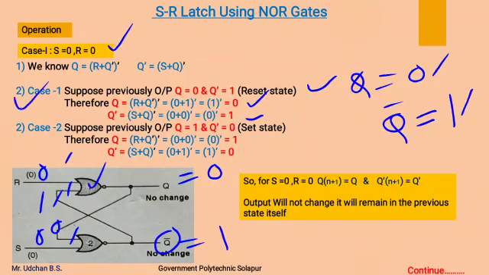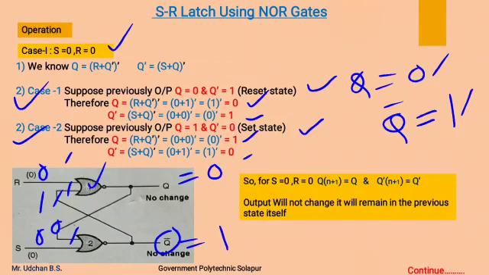Means in case 1, previously we assumed the reset state. After applying input, we get the reset state itself. Again, if we consider the previous output is in set state, then also by applying these input values we get Q as 1, Q complement as 0. So in the second case also, if the previous state is set state, we get the next state as set state itself.